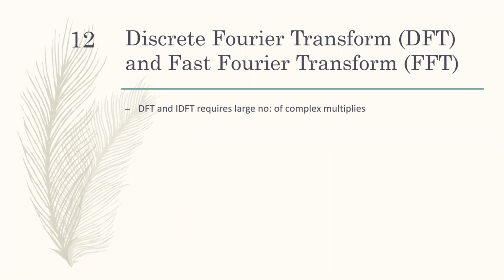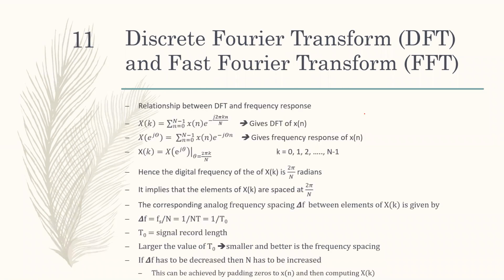So DFT and IDFT require a large number of complex multiplies. Here you can see in the previous equation, if I take this DFT equation, this is a complex exponential. If I substitute some value over here, I might get a real number or I might get a complex number.